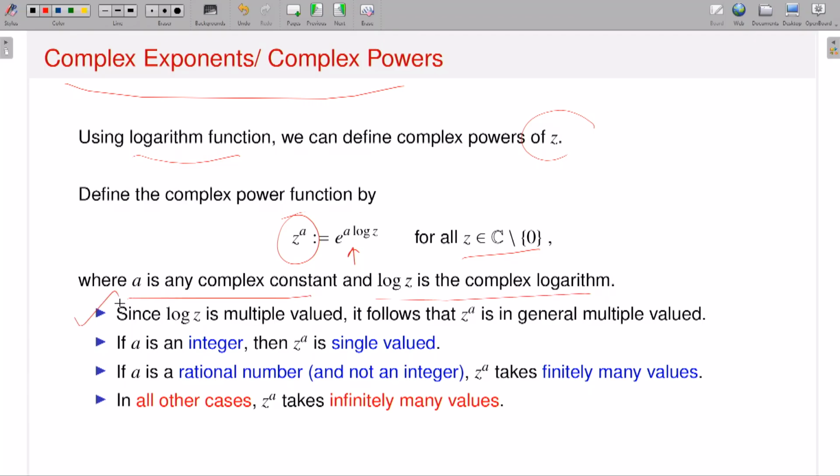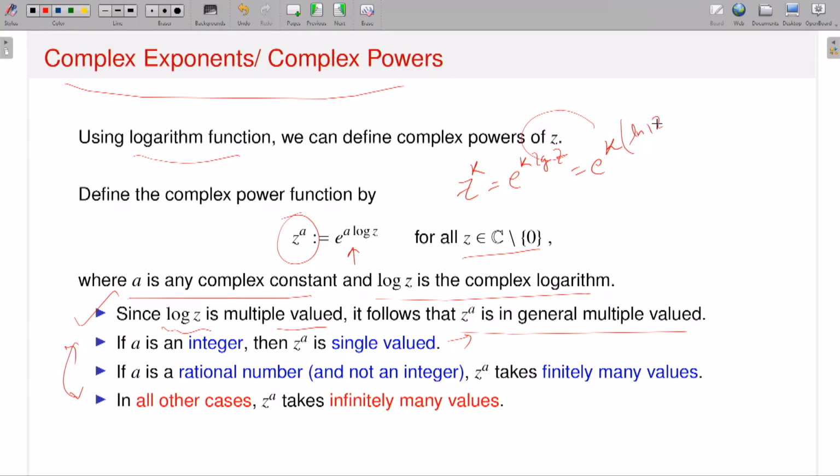Now the first observation is that since small log is a multivalued function, z to the power a in general is a multivalued function. But there are three nice observations. If a is an integer, then it turns out that this becomes single valued. How can you do that? It is very easy. Take z to the power k. In my definition, this is e to the power k log z. Now small log z, what is the definition?